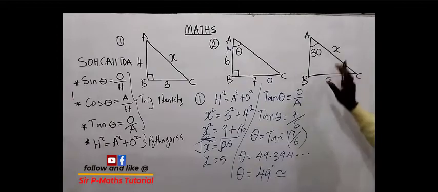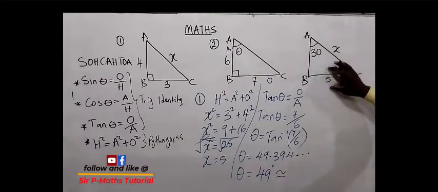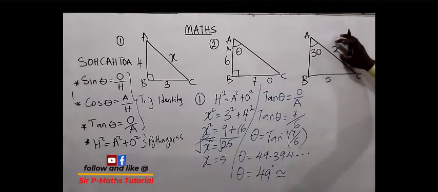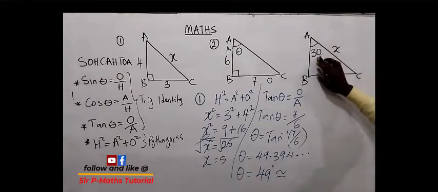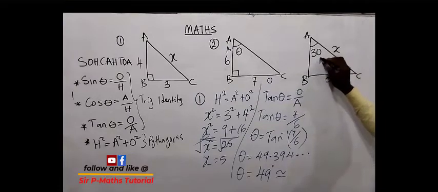Finally, I have another problem here. I have an angle and one side present, and we are looking for the longest side of this right angle triangle. So I am going to be using trigonometric identity. Now, what do I have?